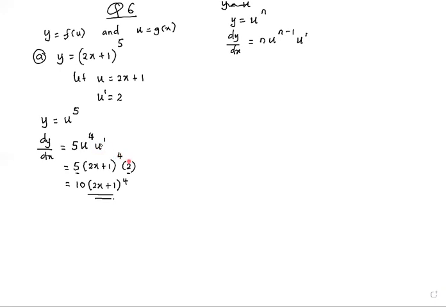U prime is 2. 5 times 2, 10. And then 2x plus 1 power 4. Like that. Okay. So your job is just to recall the properties.